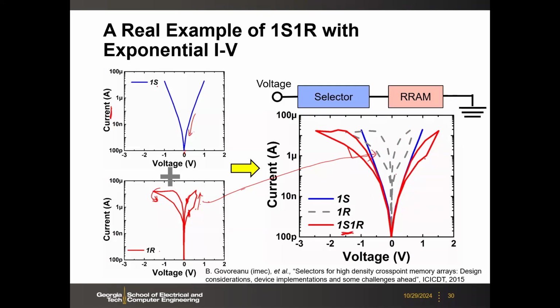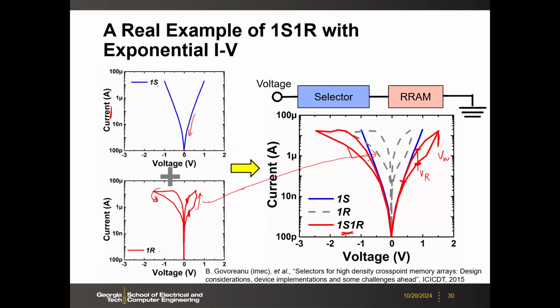Here this is your write voltage, V write, and then your V read will be somewhere here. You can still distinguish two current levels, 1 and 0.